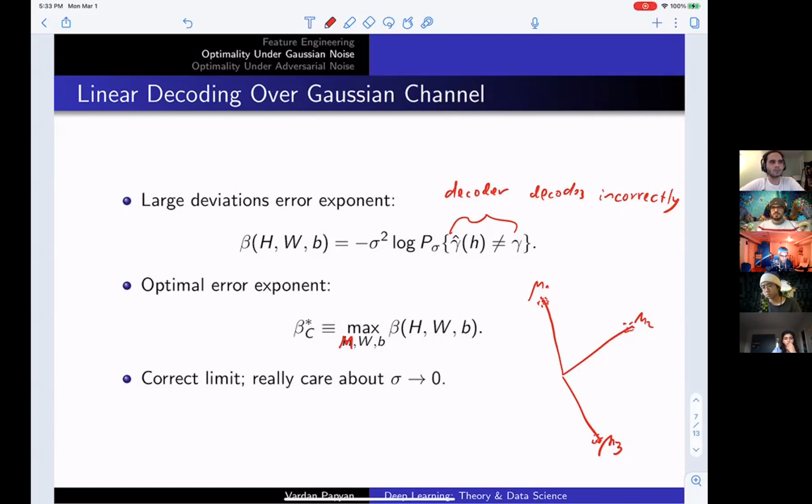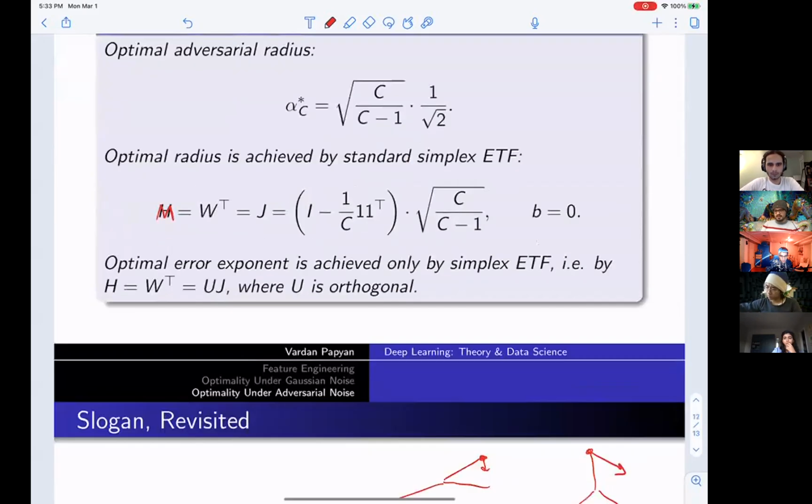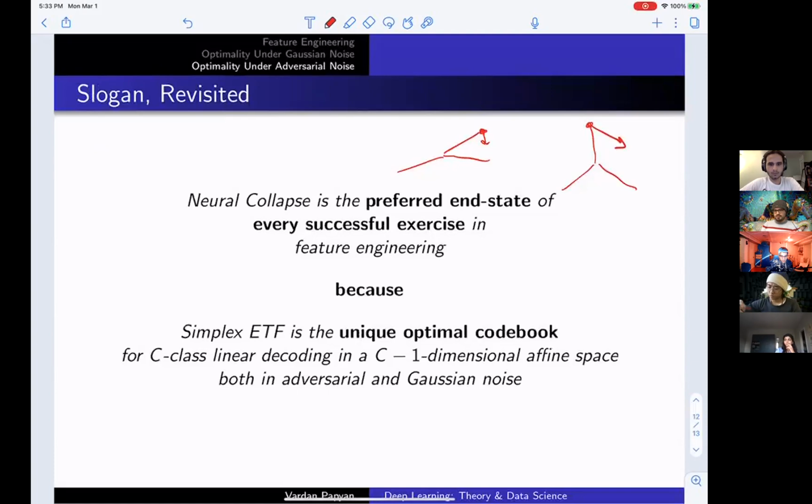So the claim is that the network converges to a solution which is optimal in terms of robustness to Gaussian noise. But there's no explanation for why it converges there, right? It's just that the place to which it converges is good. Why does it converge there? That's a good question.